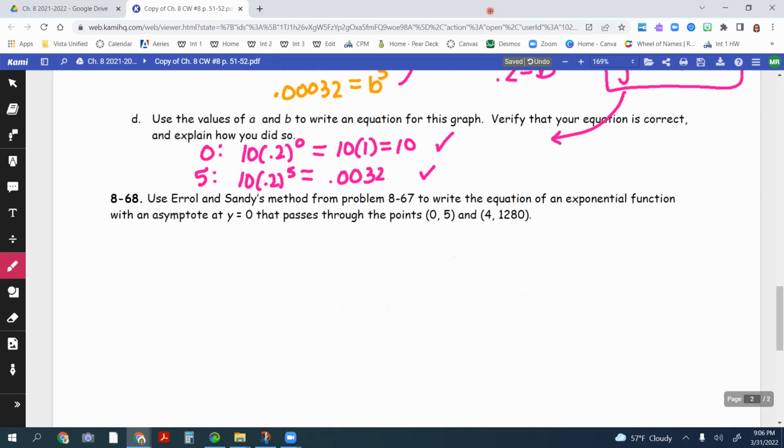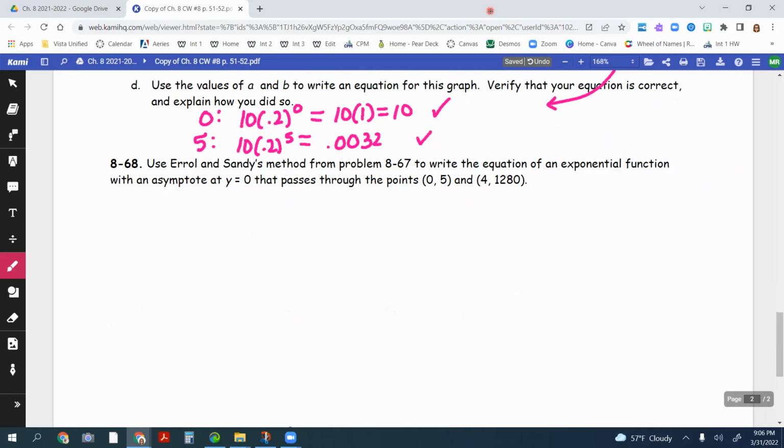Now, in this next problem, they say that the method that they used to write the equation of an exponential function with an asymptote at y equals 0 that passes through the points (0, 5) and (4, 1280). So they want us to use that method. To use that method that they used above, I know because this is my y-intercept that it's going to be 5 times b to the power x.